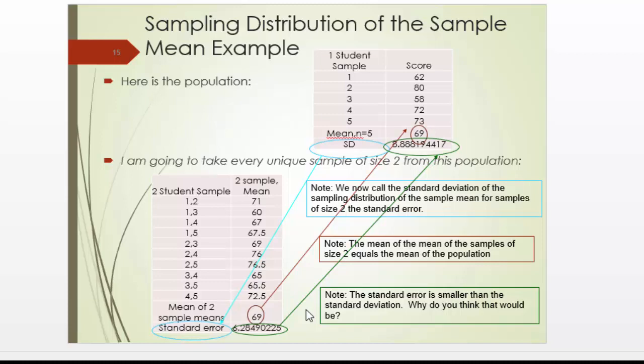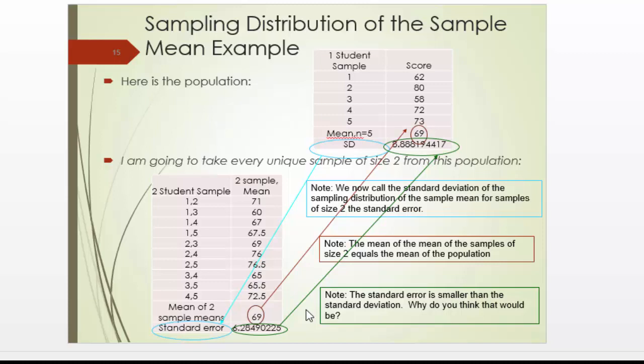So instead of saying the standard deviation of the sampling distribution of the sample mean for samples of size 2, I say let's look at the standard error, and I know that I'm in a sampling distribution. Now, does this make sense that it should be less than the population? Well, that's where the law of large numbers comes in.